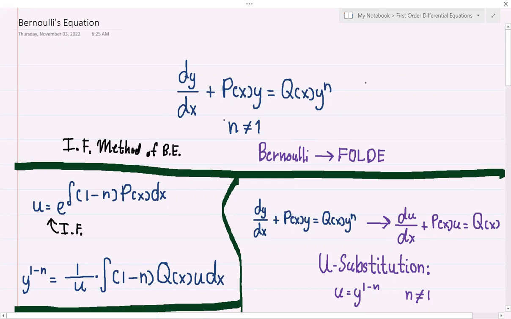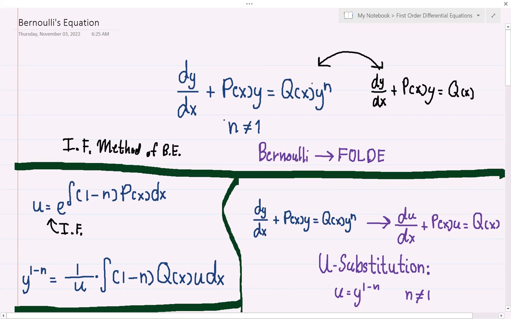This equation looks actually similar to the first order linear differential equation standard form, because the standard form of a first order linear differential equation is dy all over dx plus p of x times y is equal to q of x. Both of these equations are similar to each other.